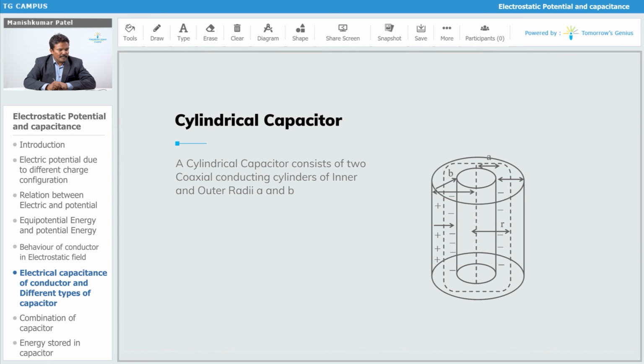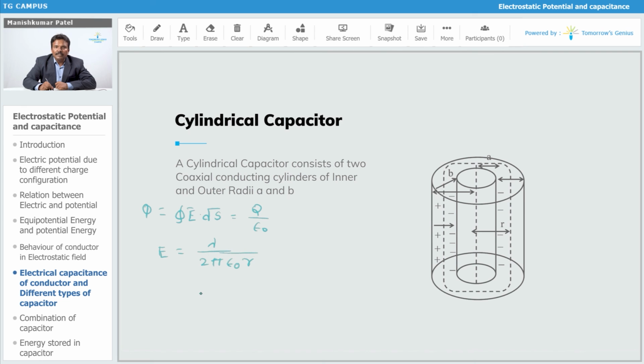Consider one Gaussian surface and find the flux passing through it, so phi is equal to the integration of E bar dot ds bar, equal to Q upon epsilon naught. Further you can find the value of E, which is lambda upon 2 pi epsilon naught R.